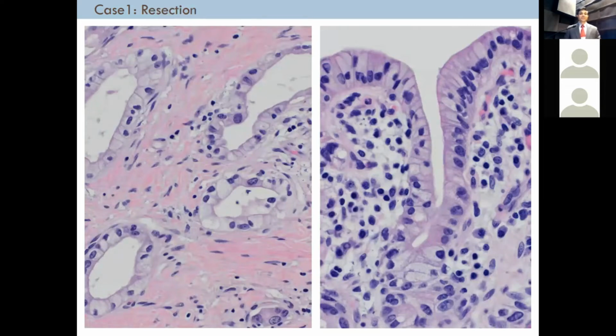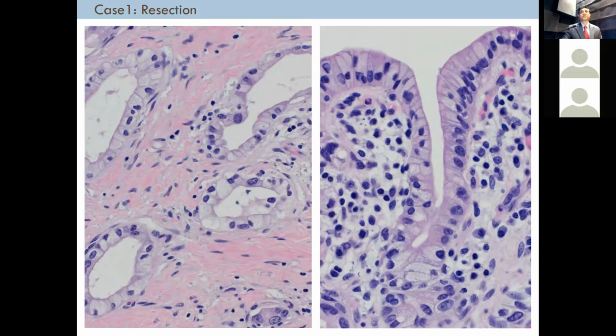On Whipple resection, this is one of the sections showing these very bland appearing glands, as you can see over here. These are lined by cells with very foamy cytoplasm, similar to what we see on cytology. If you focus on the apical zones of these cells, they show this characteristic chromophilic condensation that gives it a brush border-like appearance.